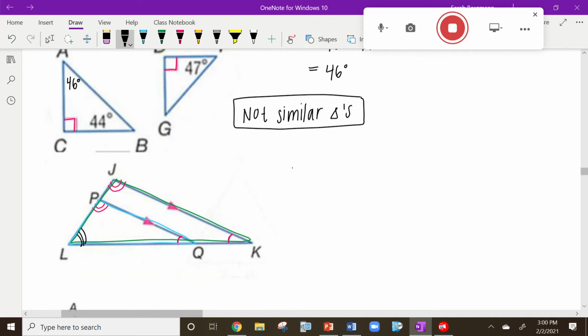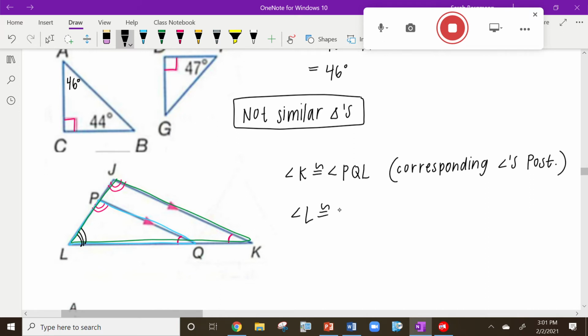So I'm just going to use angle K is congruent to angle PQL because they're corresponding. By the corresponding angles postulate, I know that those are congruent. I could say angle L is congruent to angle L because of the reflexive property.